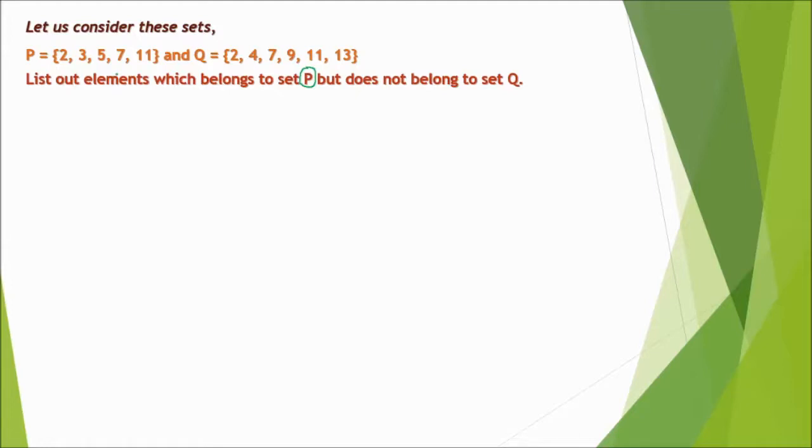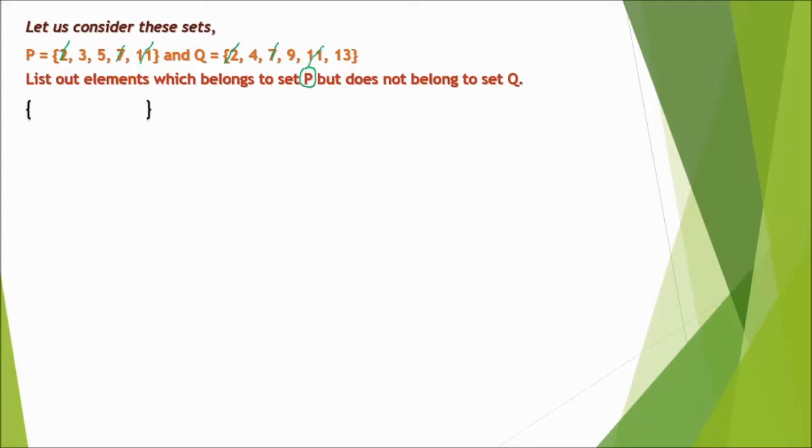So let's see first what to do. We have to cancel out the common elements, meaning those elements which are in both sets. So let's cancel them, and let's cancel out 7 also, and 11 also.